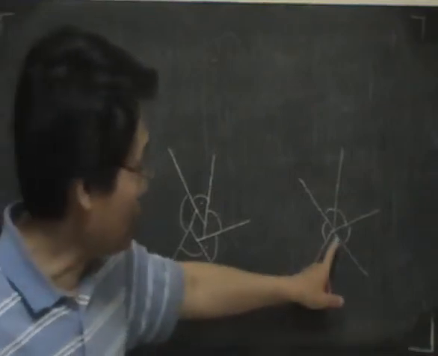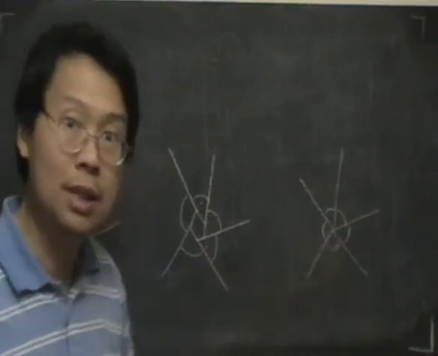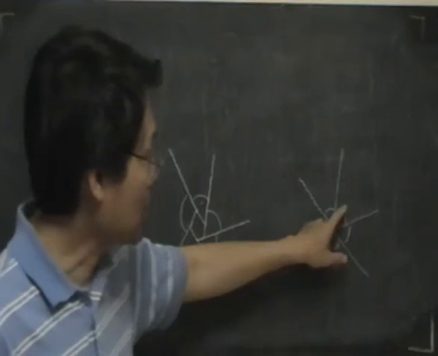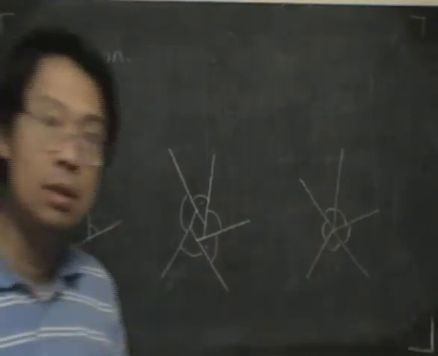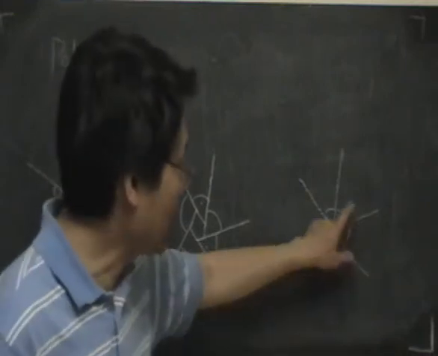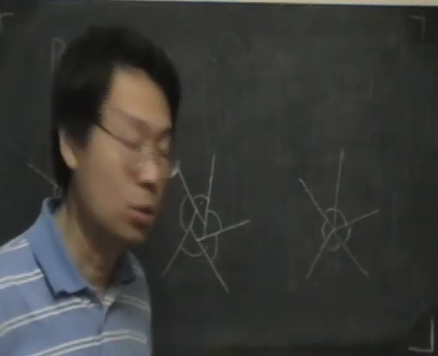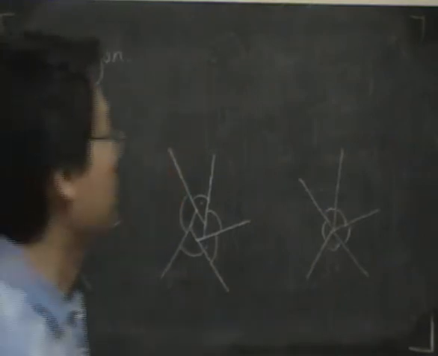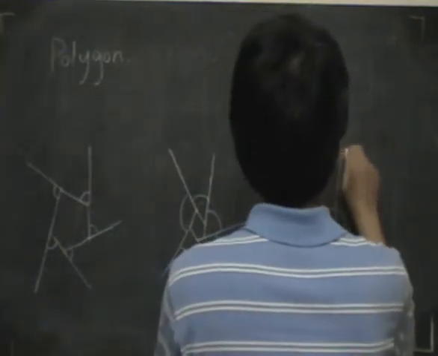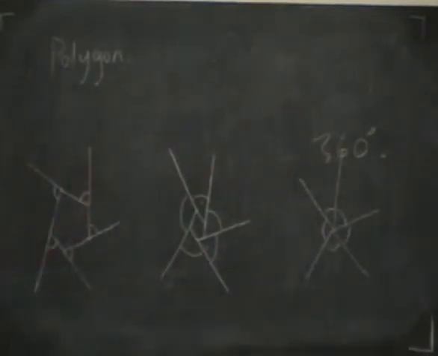And if you look at that figure there, with the point in the center, we know the sum of those angles. They are the total angles around a point, the total angles when you go one round around the point. That's 360 degrees.